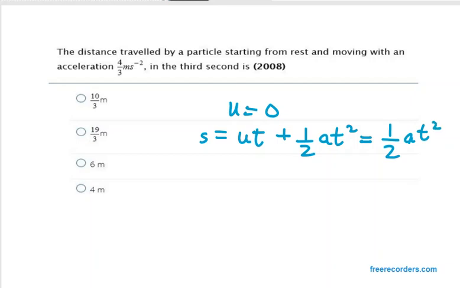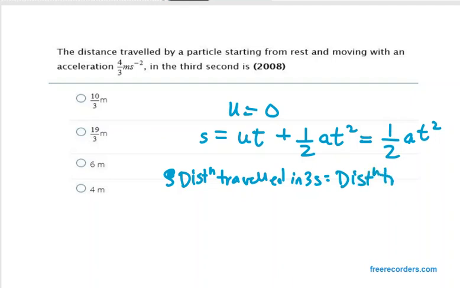So for the third second, I will be calculating the distance traveled in the third second, which is equal to the distance traveled in 3 seconds minus the distance traveled in 2 seconds.